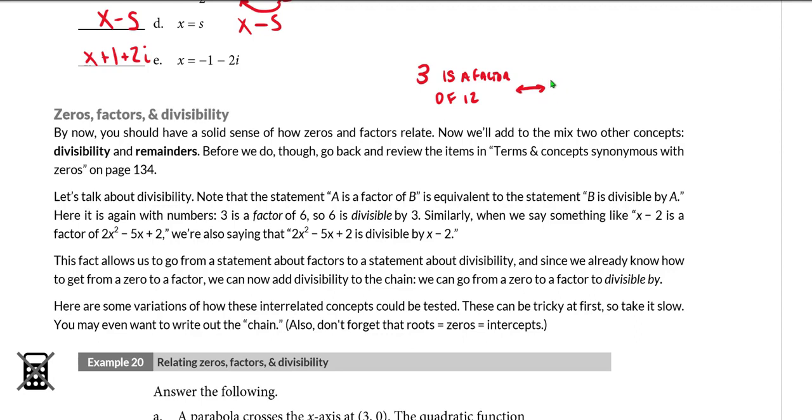That is equivalent to saying that 12 is divisible by 3.